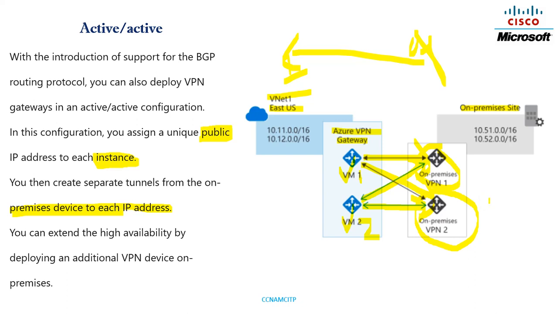There is no possibility of failure or downtime. Even if one line goes down, it will have access from another connection. For example, if this line is down, the active virtual machine can still access data from your on premises. Connection will be established. So that is why it is called active.